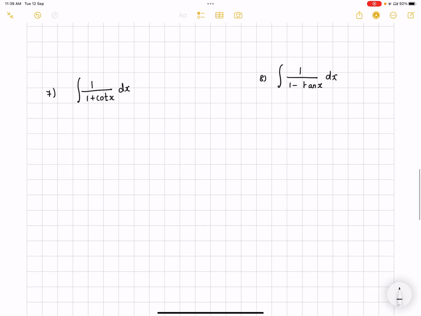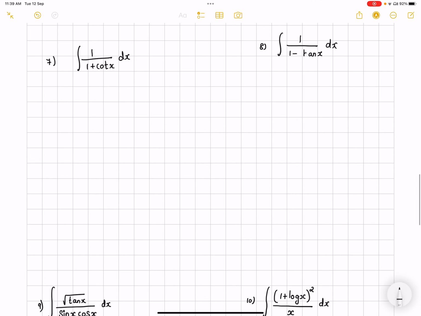Now let's move to the next problem, which is 1 divided by 1 plus cot x. They are asking me to integrate. If you observe, the seventh problem and the eighth problem are both of similar type. One has cot, the other has tan.